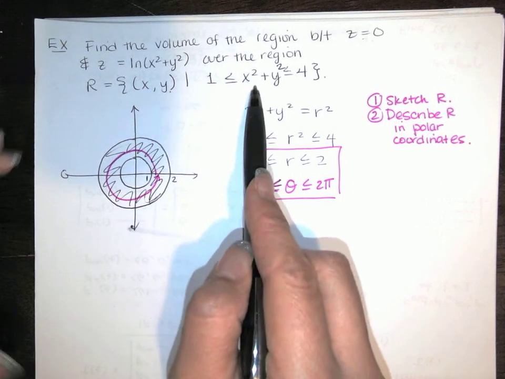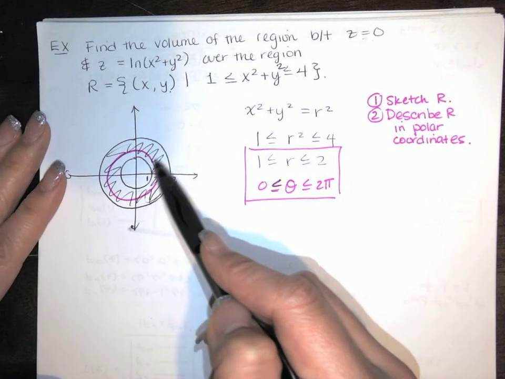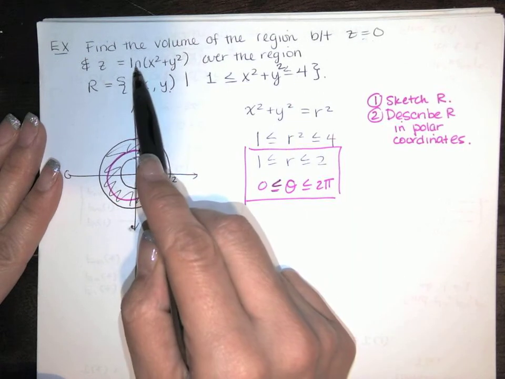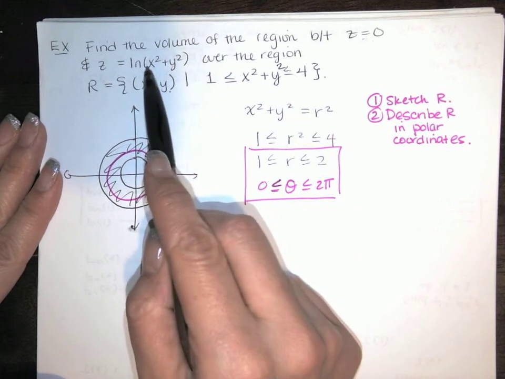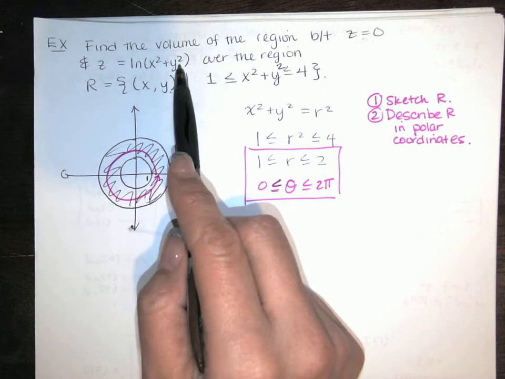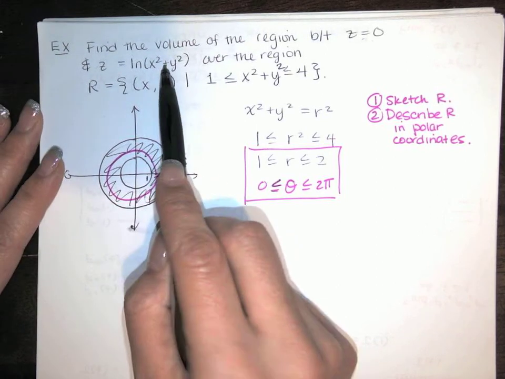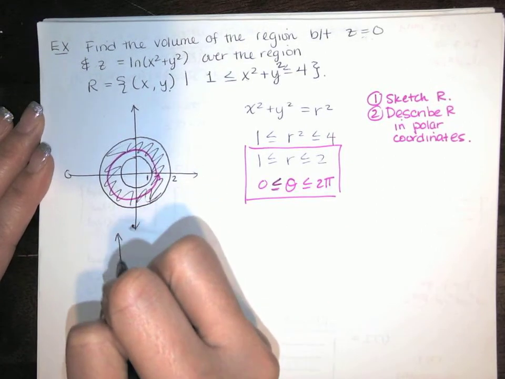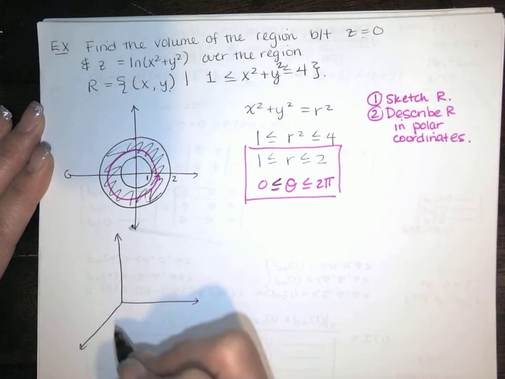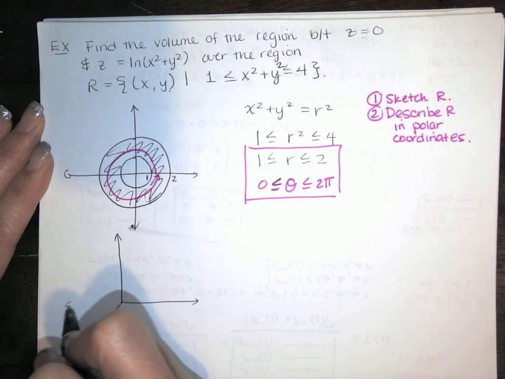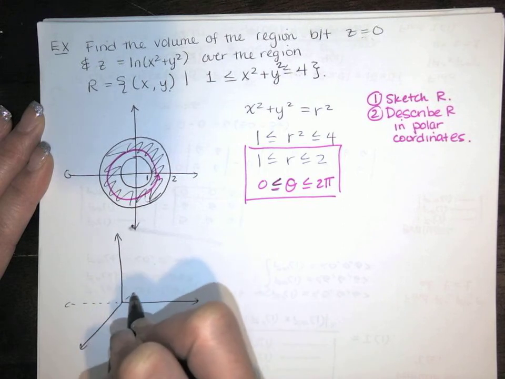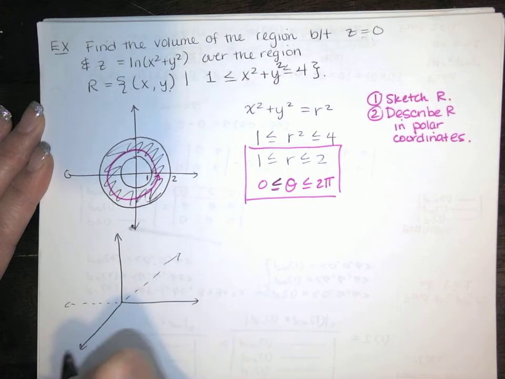But as x squared plus y squared increases from 1, so it goes from 1 to 4, well then, the natural log of a number between 1 and 4, not including 1, is positive. So this is above the xy plane. I don't know exactly what it looks like, but I know on the circle of radius 1, z is 0.